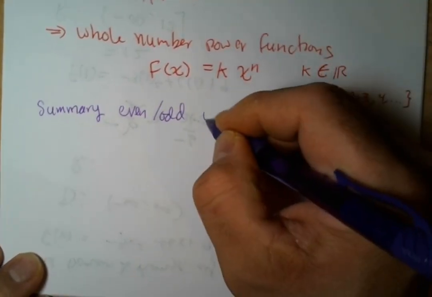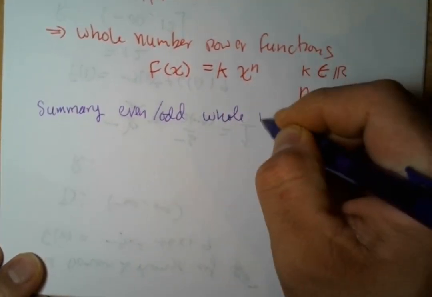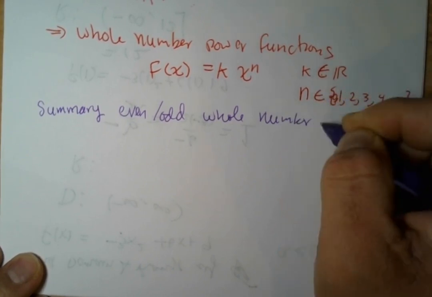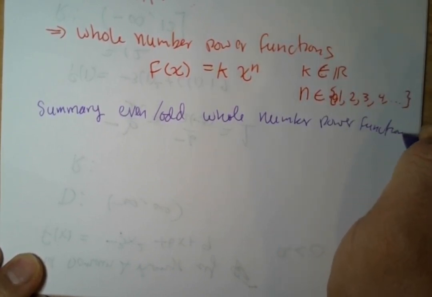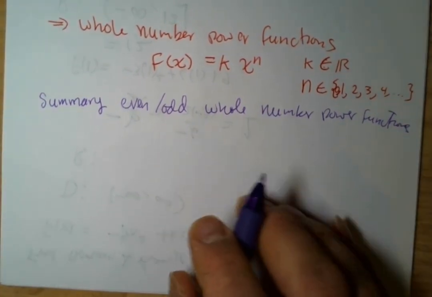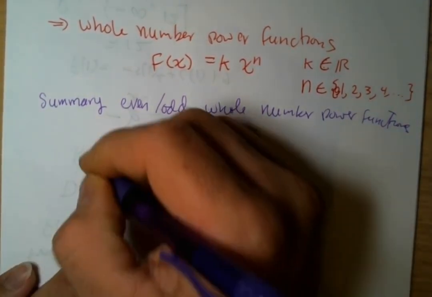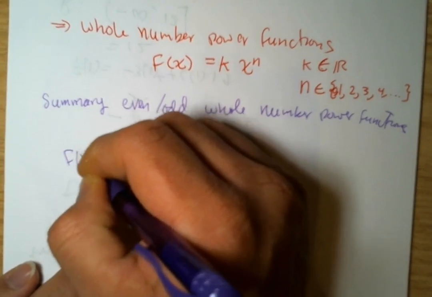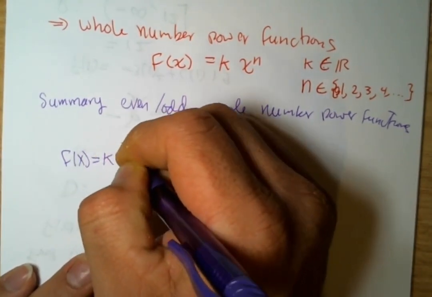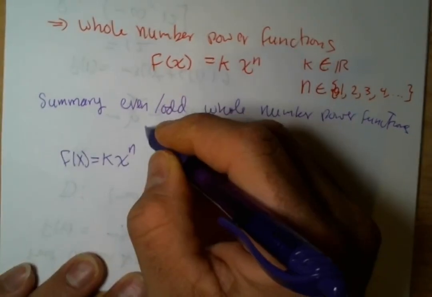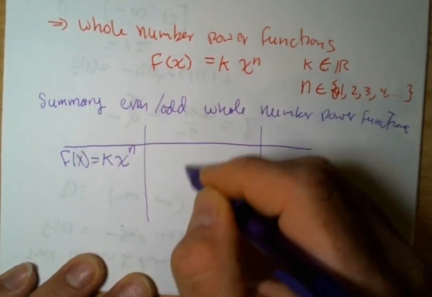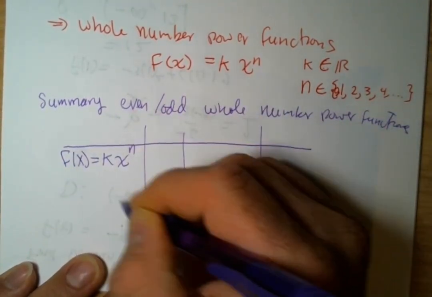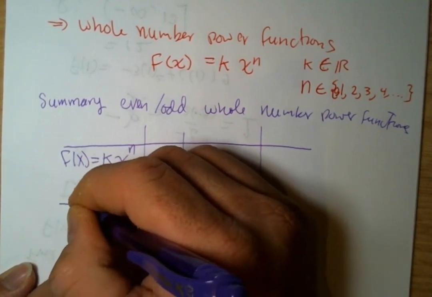Odd whole number power functions. So we have 4 cases here.